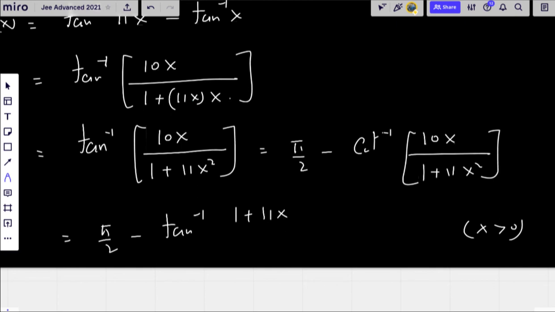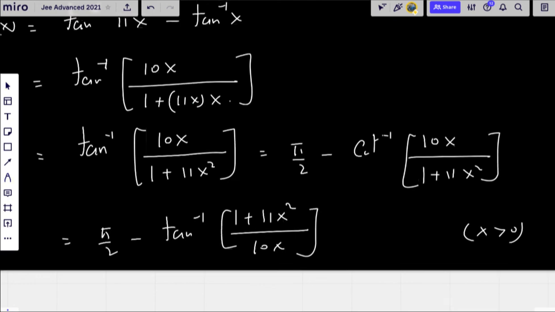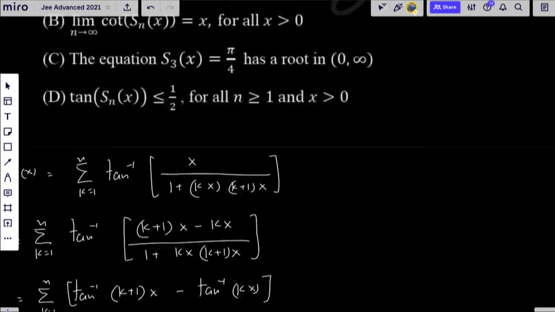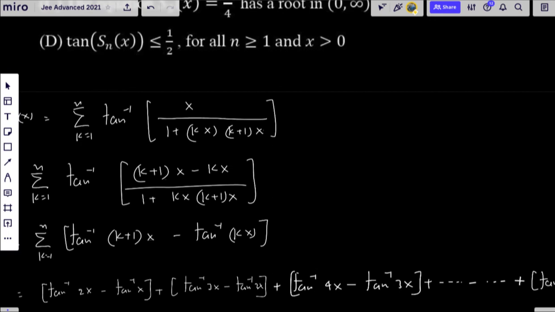Now the denominator will convert into numerator, and the numerator comes in the denominator, and that is 10x. So A option is given in this format, 1 plus 11x square, and then 10x. So A option is correct.